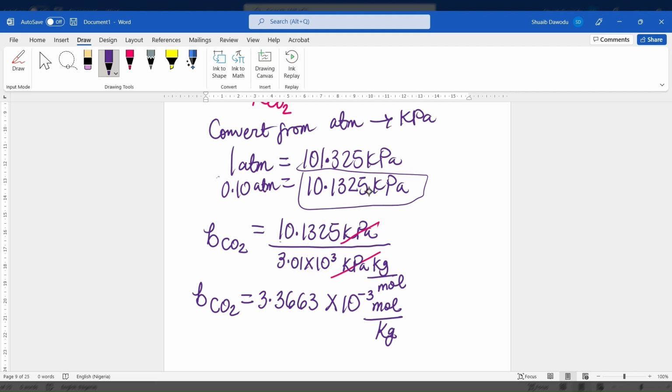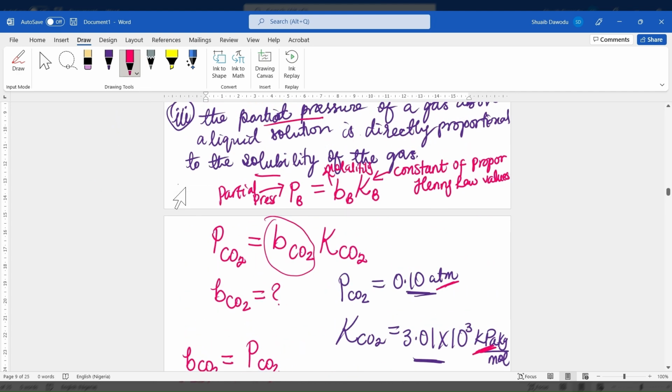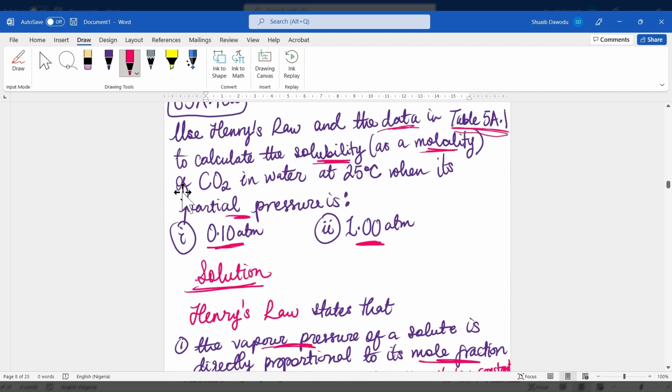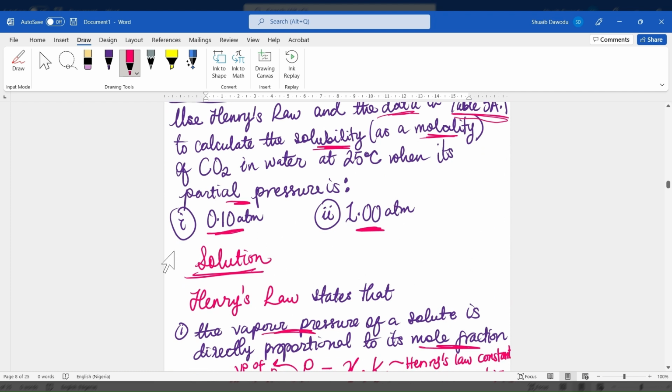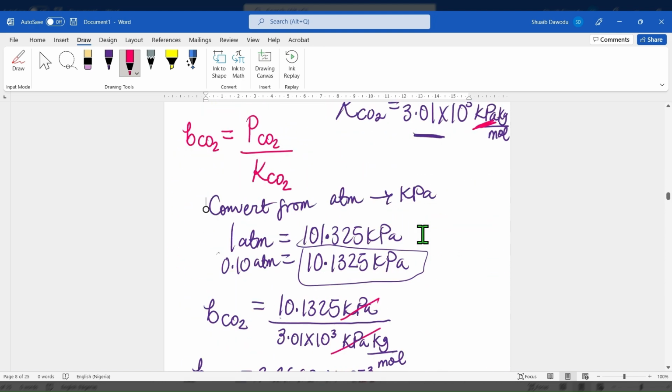Now, if you've been watching my videos, you know already that I would never leave my answer this way, because I am a scientist, I'm a chemist, and I know that it's very important whenever you have questions like this to make your work as neat as possible, and to put in the proper number of significant figures. The proper number of significant figures is going to be 2, because that is the lowest number of significant figures in all the values that we used to calculate this.